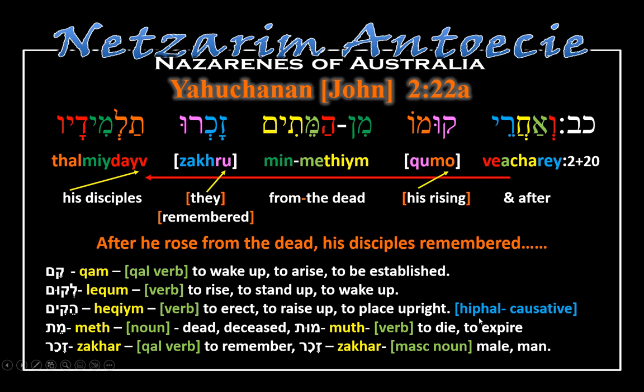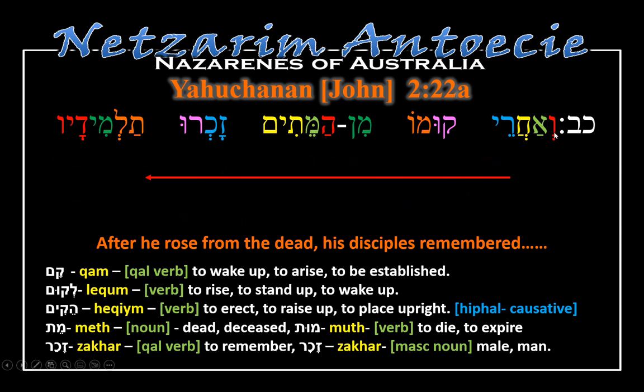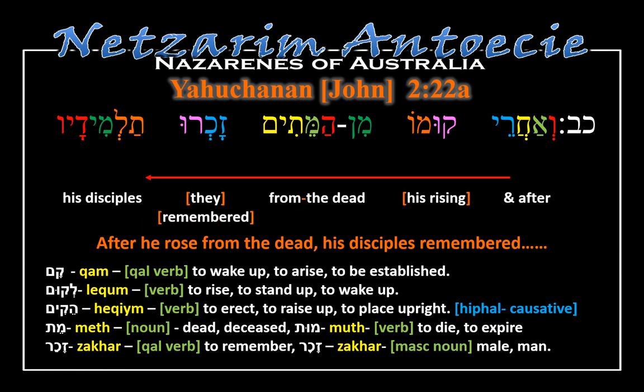So I'm giving you all these added ones to help you with your vocabulary. So let's read it. Ve'acharei kumo min ha-metim zakru talmidav. And of course the translation. And after his rising from the dead, they remembered, his disciples.